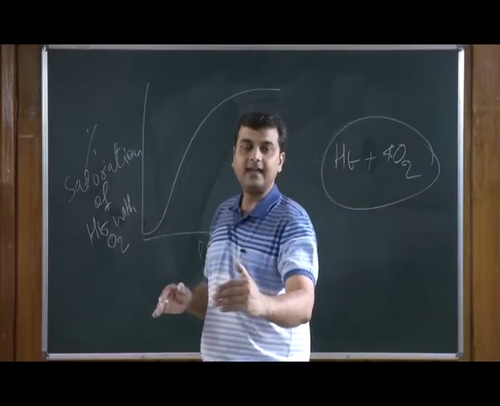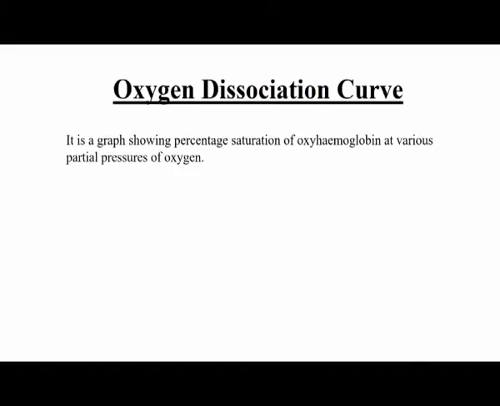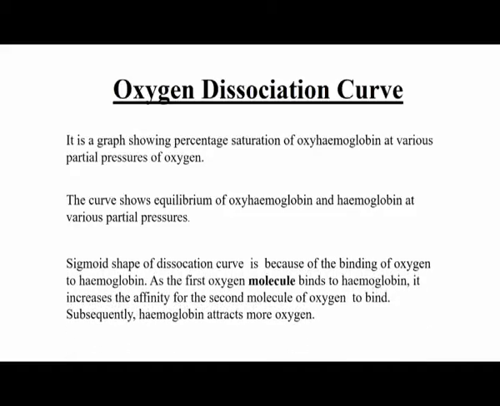If we try to dig out the terminology here, the curve shows the equilibrium of oxyhemoglobin and hemoglobin at various partial pressures, and this partial pressure of oxygen is defining the binding capacity of the hemoglobin molecule. The sigmoid shape of the dissociation curve is because of the binding of oxygen to hemoglobin.